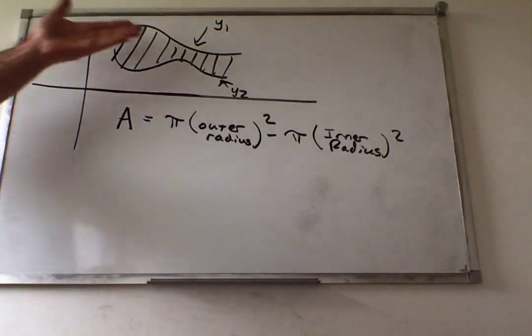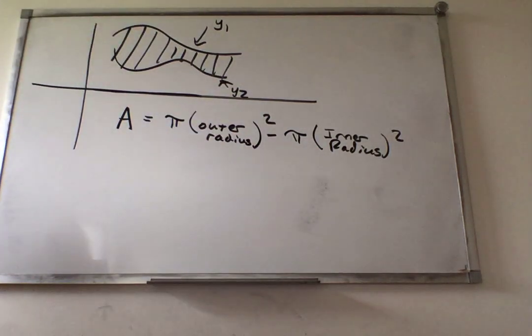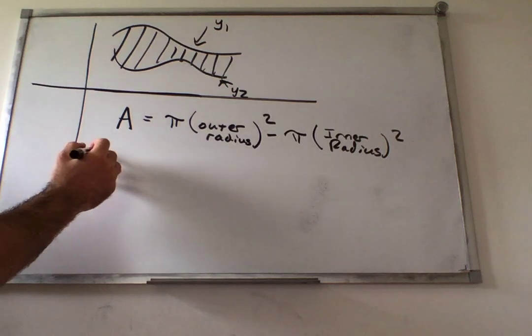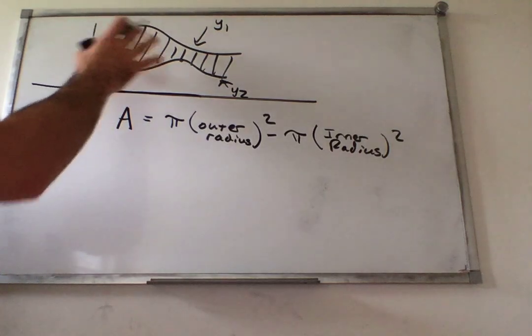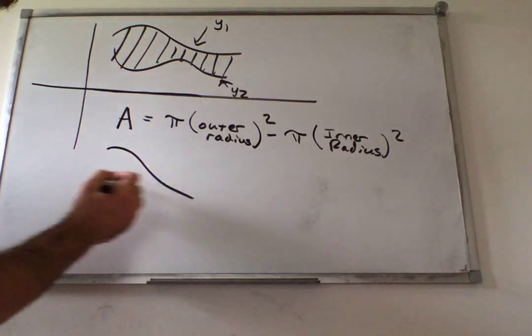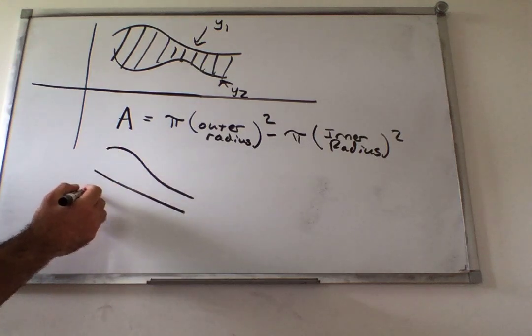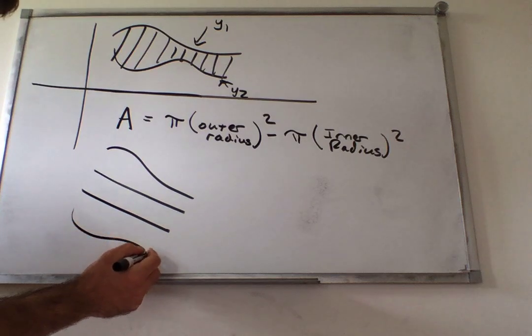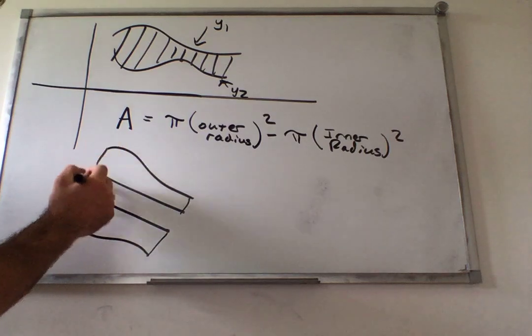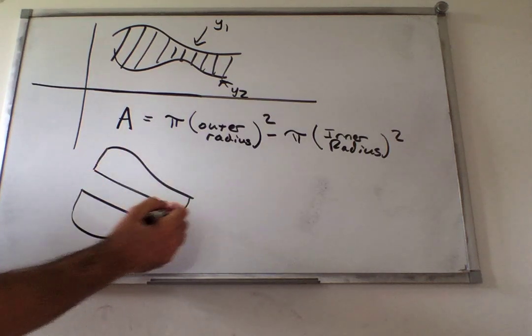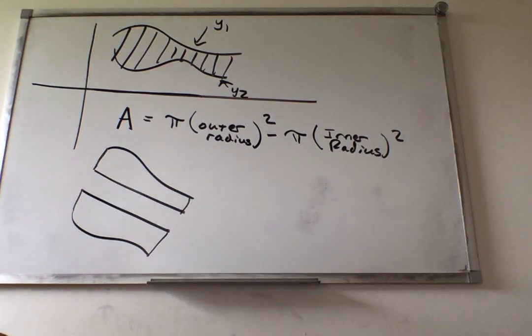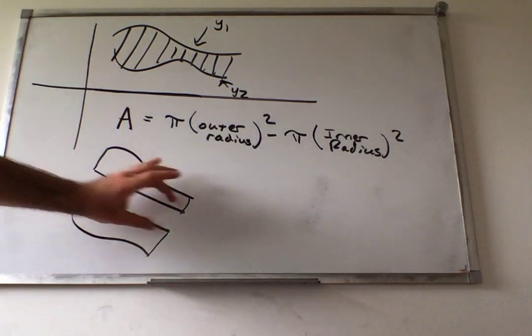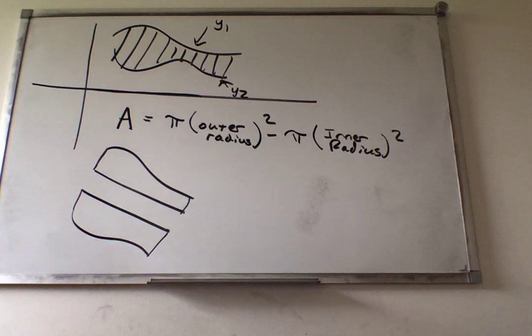What we mean by that is if we were to revolve it, you're going to have, now it's not representative of this shape, something that looks like this. And it's going to have a hole in the middle. It's going to be revolved around, with a hole straight through.